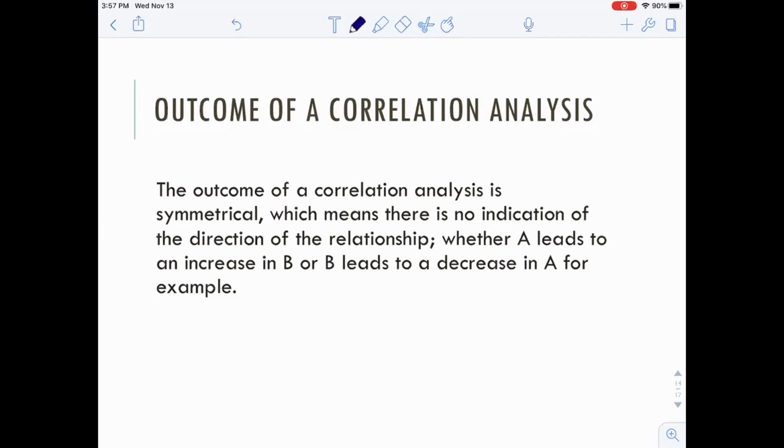Another way to say it is that correlation analysis is symmetrical, meaning it doesn't tell you whether A leads to an increase in B or B leads to an increase in A. It's not going to tell you that because it can't.